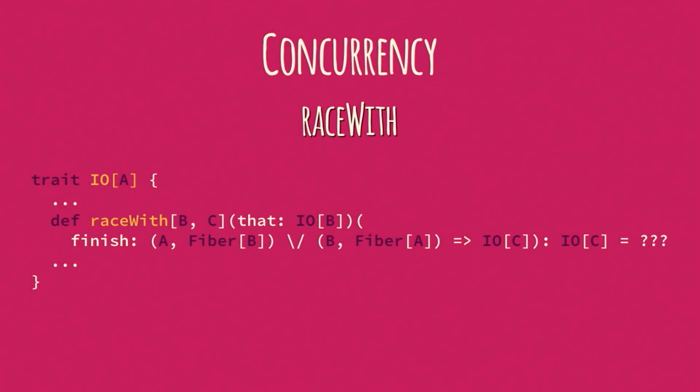Then another one of the primitives baked into Scalaz 8 is RACEWITH, which is a much more powerful version of the race, or the first completed of, that you've seen in other libraries. What RACEWITH does is it has two things, and it's going to race them. It's going to start them off independently, and one of them is going to finish first, and the other one's going to keep going. And at that point, it's going to invoke a function you passed in called the finisher.